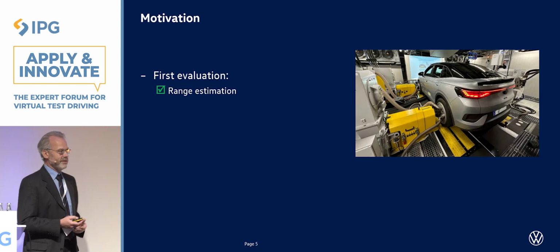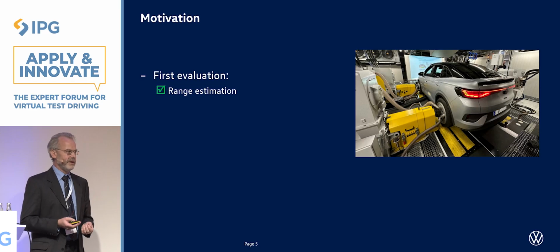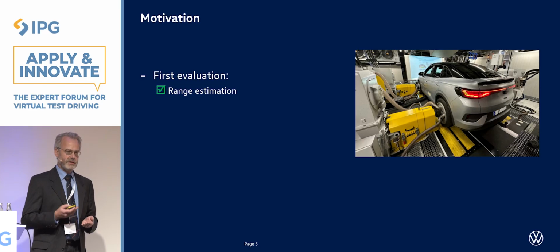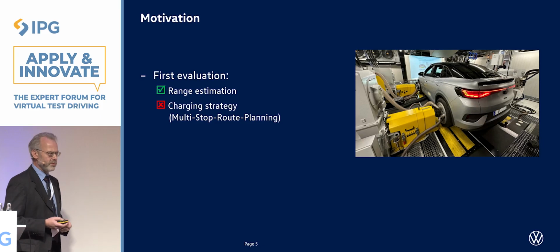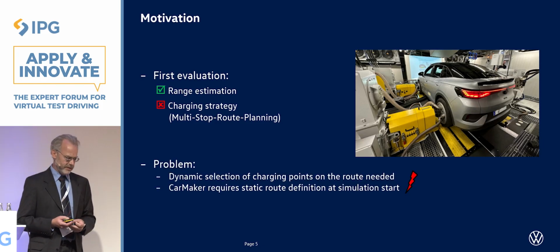And with the first function, we did very well. We could really well reproduce effects that we saw in real measurements, even reproducing the temperature and the topology influences on certain results. However, we had a problem to test the second function.